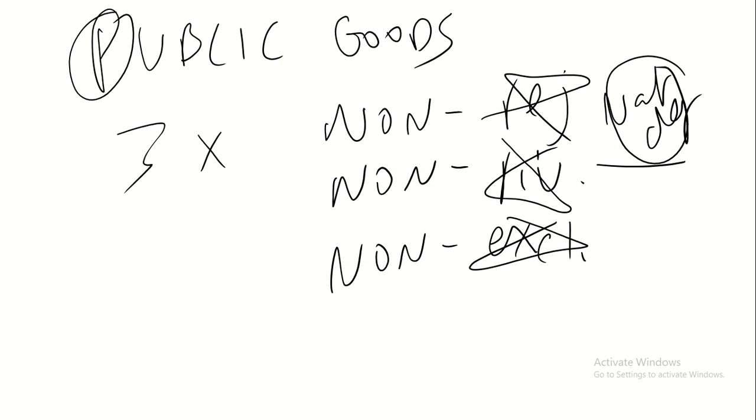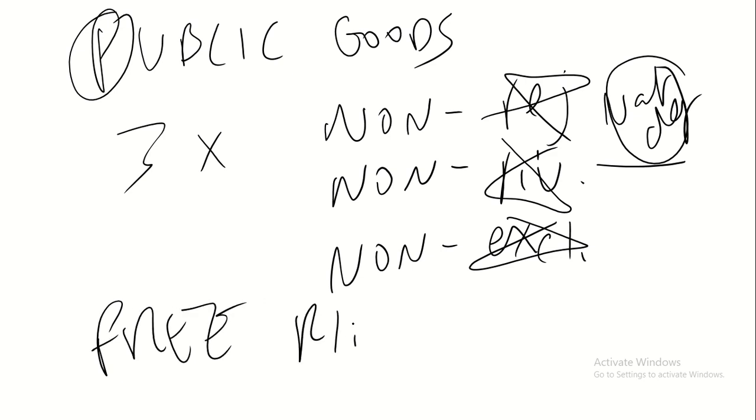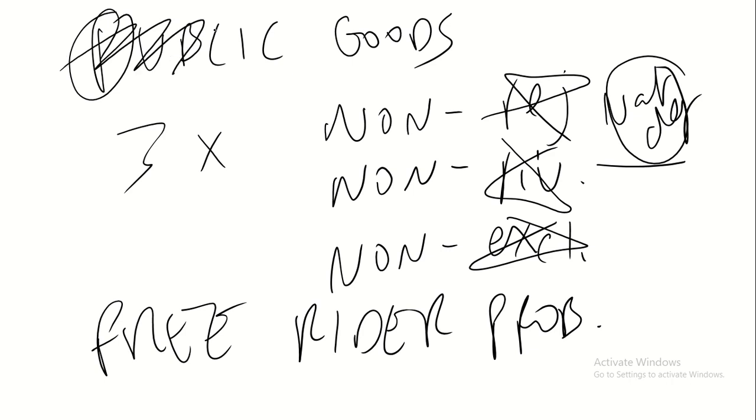So these three characteristics create what we call, and it's a very important term you have to understand, the free rider problem, which is why in the free market, public goods are an example of a complete market failure.